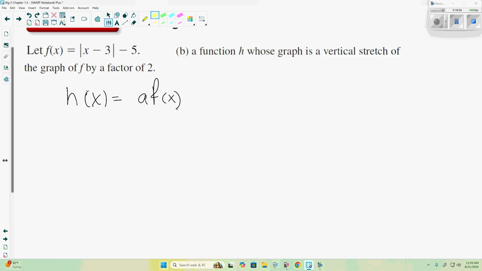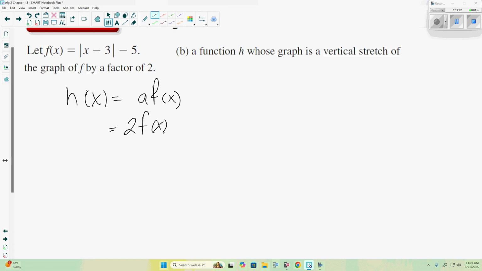And the amount that we're stretching this function by is 2. We're stretching this function by a factor of 2. So our value of a is 2.